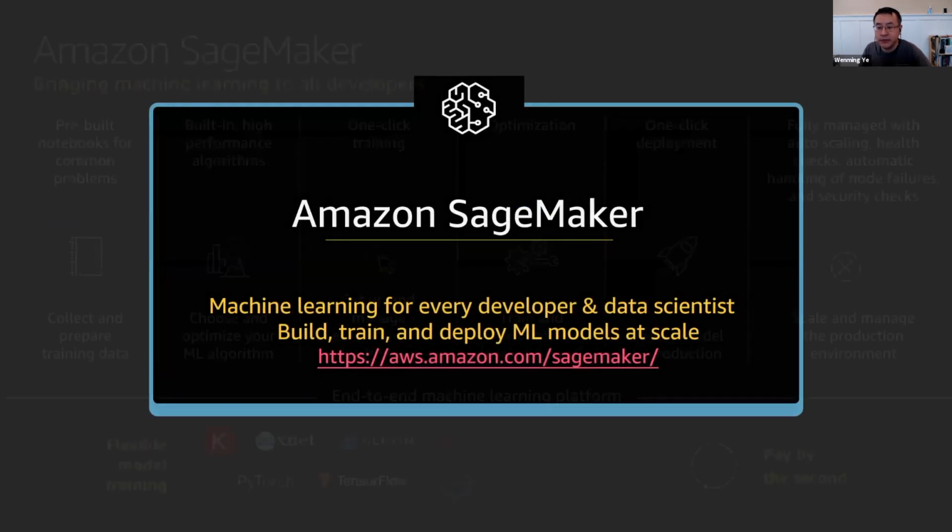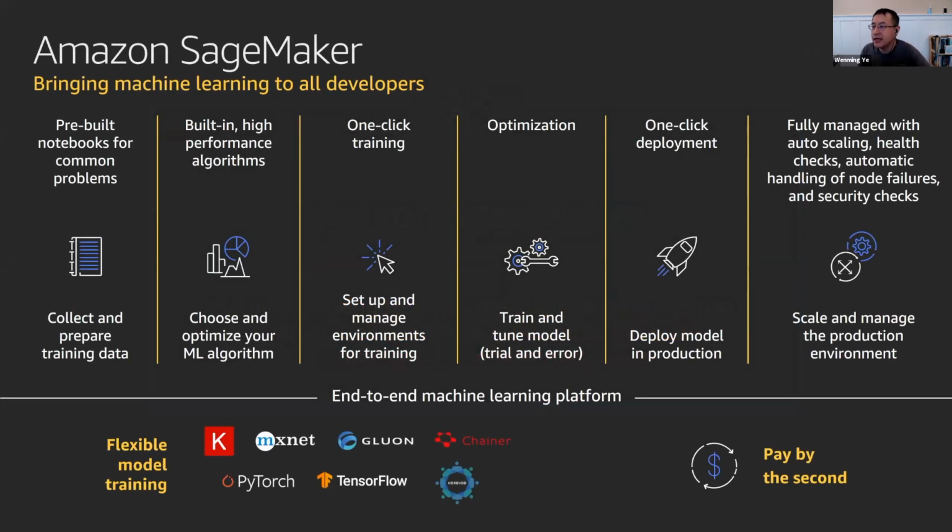Okay, so SageMaker. SageMaker was announced in 2018, I believe. Essentially we have these built-in notebooks that you can use, and it's essentially Jupyter Lab or Jupyter Notebook. We also have something called SageMaker Studio, which is another, more integrated version of it, but that's still mostly under development.